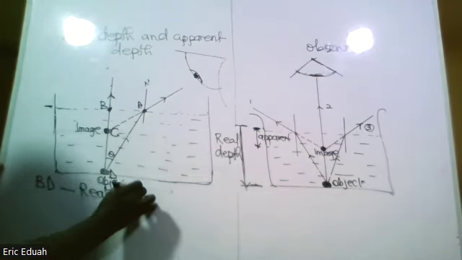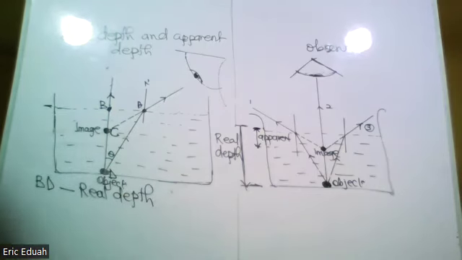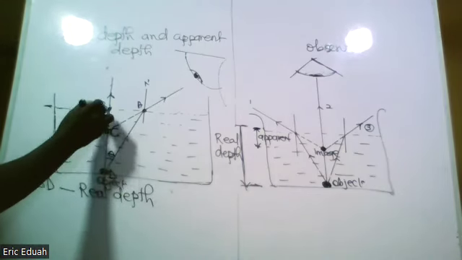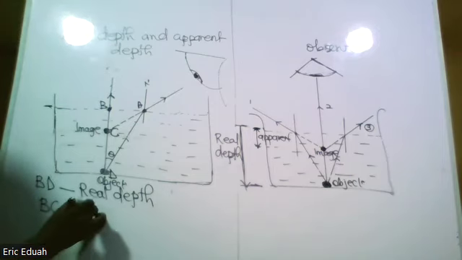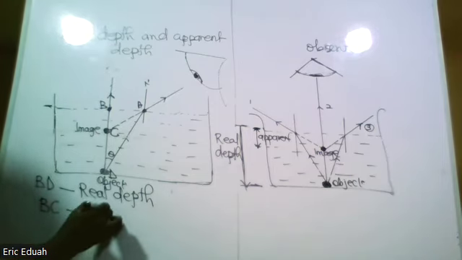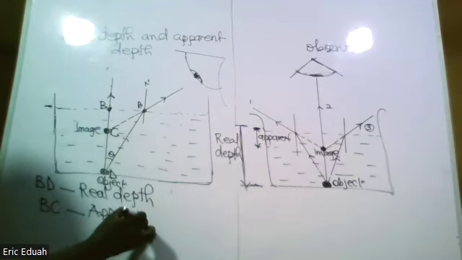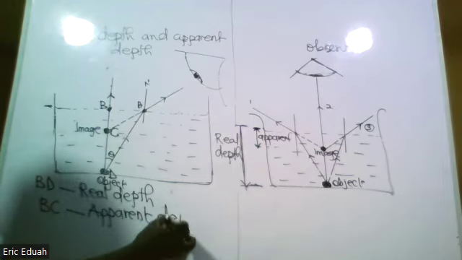That is height. And then the distance BC is the apparent depth.